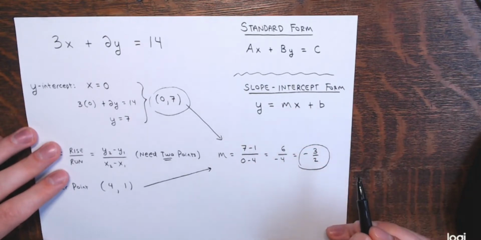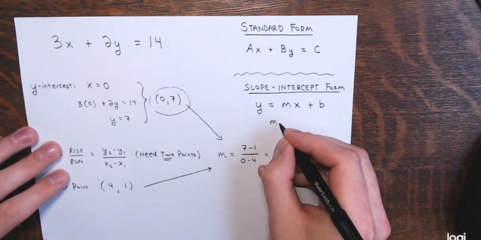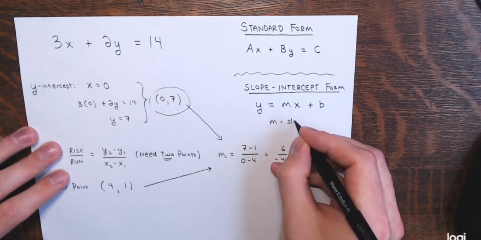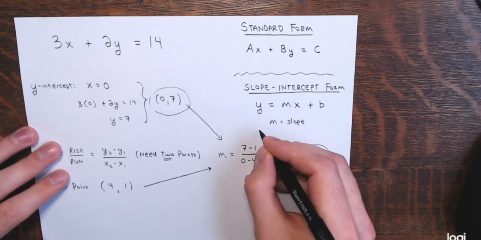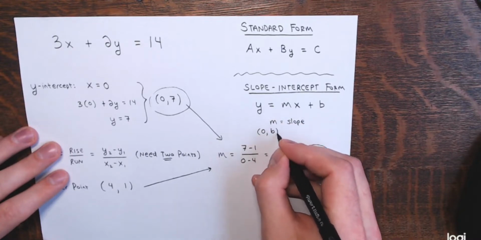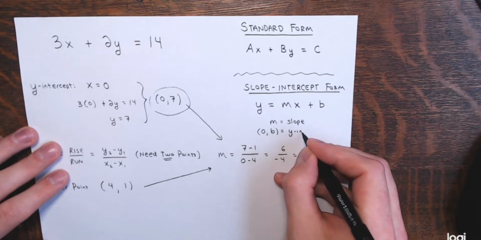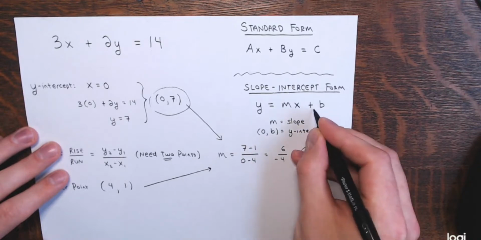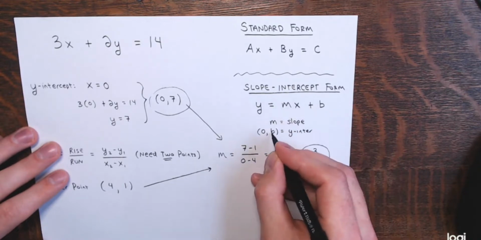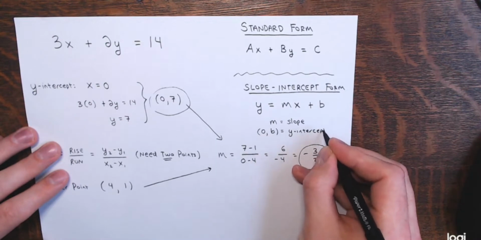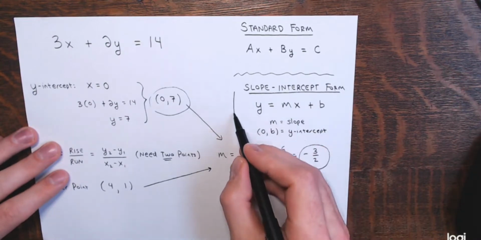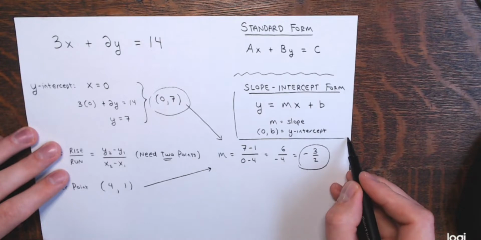And people are very often familiar with this form, where m, of course, represents the slope, and 0, comma b is the y-intercept. So basically the b here that's being added is the y-coordinate of the y-intercept, or sometimes they'll just call it the y-intercept, and this is key.